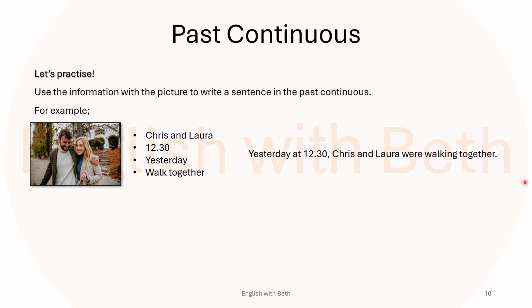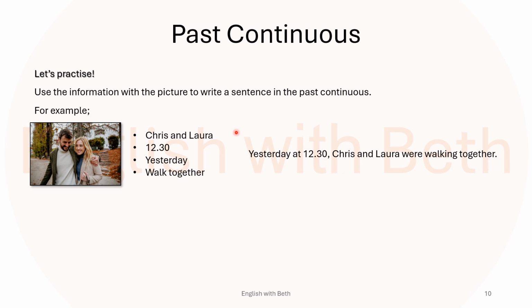So for example, here we have a picture of Chris and Laura. So the subject of the sentence will be Chris and Laura. The time is 12:30 yesterday, and the action is walk together. So then I can write the sentence, yesterday at 12:30, Chris and Laura were walking together.